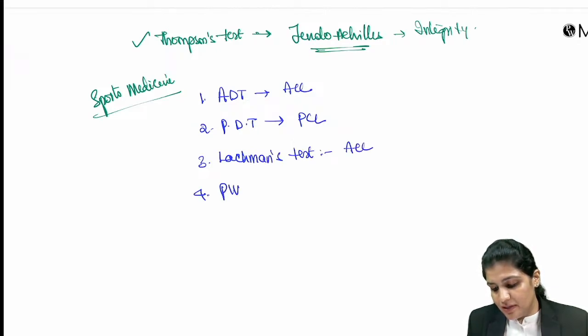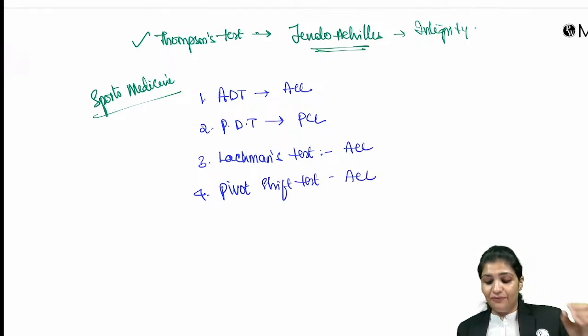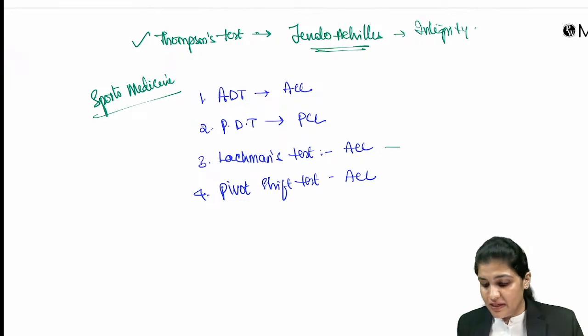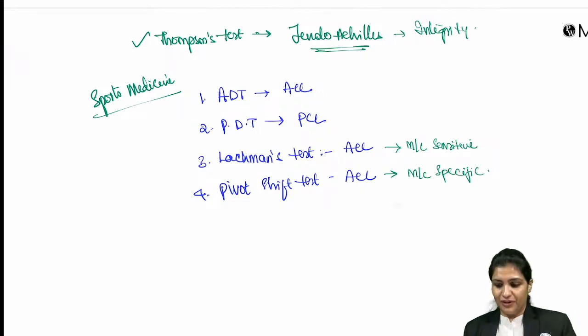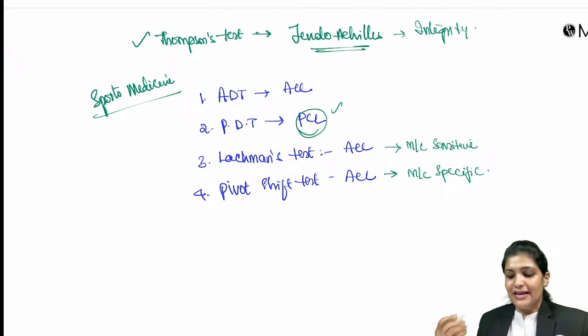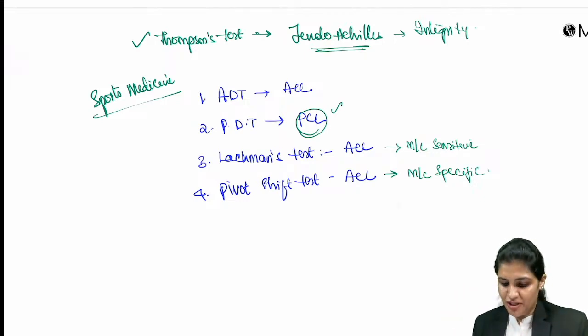Then your pivot shift test again for your ACL. So now coming to the Lachman's, this is considered to be the most sensitive test for ACL, and the pivot shift is considered to be the most specific test for ACL. So these two are the important tests for ACL, that is the anterior Drawer's, the posterior Drawer's for PCL, right? And for ACL you have Lachman's and the pivot shift.